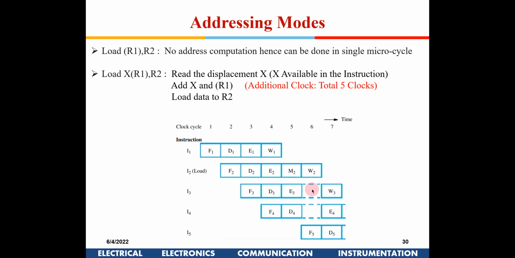One additional instruction is required, so you will find D2, D1, E2, one more stage to compute the memory address. So there is a stalling which is going to happen out here, right? So these kinds of addressing will create stalling.